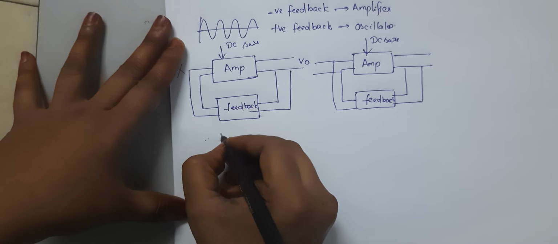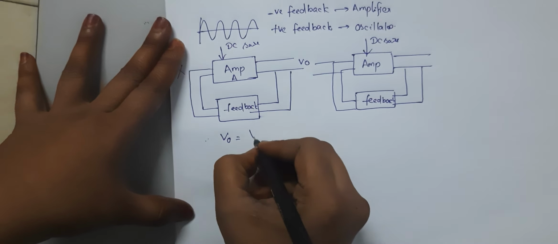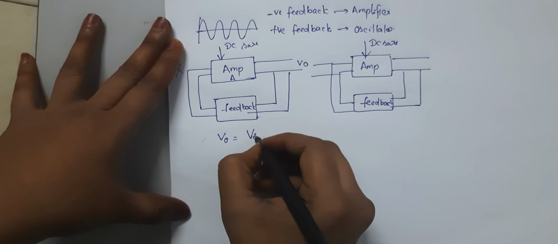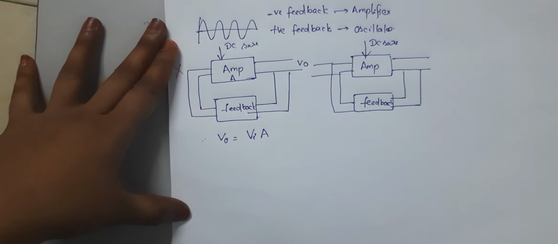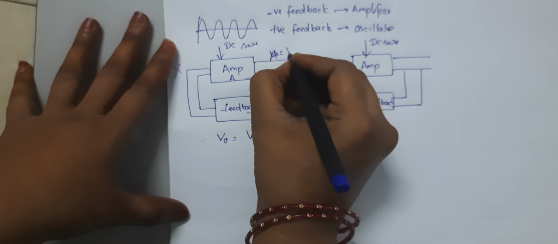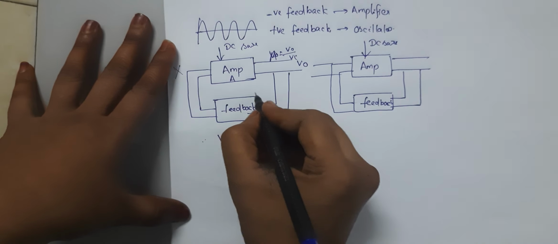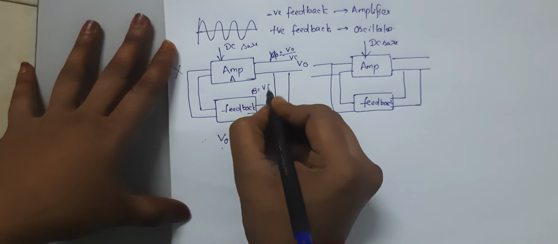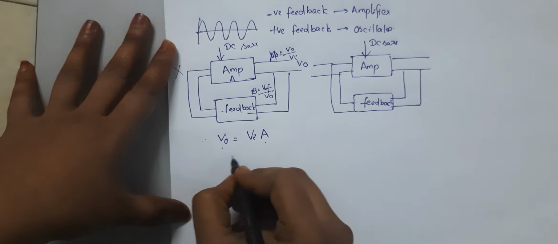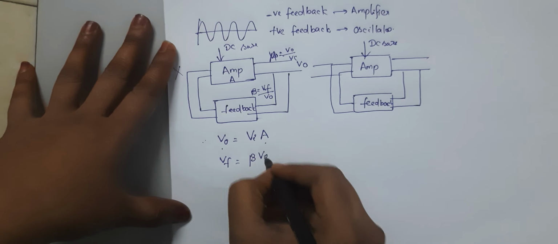So here, what is V0? V0 is equal to A into Vi, so A is equal to V0 by Vi. And beta is equal to Vf by V0, so Vf is equal to beta into V0.